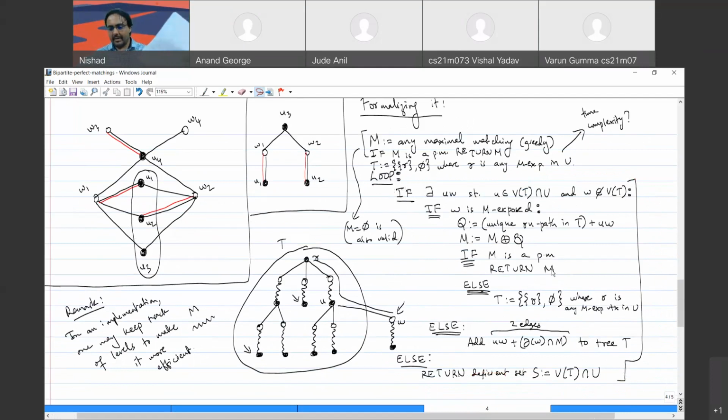Anyways, it doesn't matter. I'll make a copy for the next lecture ready already. So this is going to be our subroutine. I'm unable to select it and copy paste it.